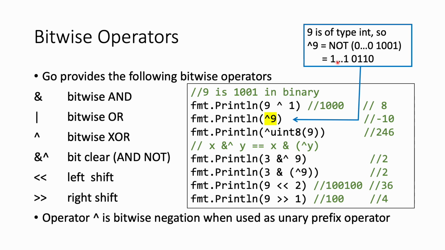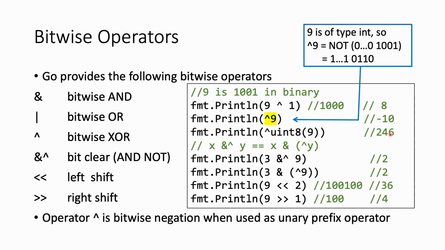And so the result of the bitwise negation of uint8 of 9 could be equal to 1 0 1 1 1 1 0 1 1 0. So you just replace the 3 dots here with 2 bits 1, and that binary number is equal to 246 in decimal.